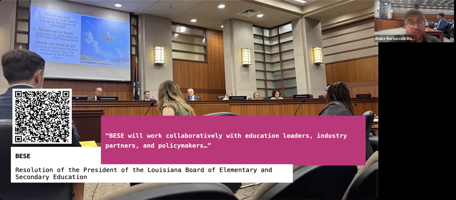And just today, Ronnie Morris, who's the president of the BESE, which is the Board of Education in Louisiana, put together a resolution that, if it's adopted and works its way through the Board of Education, would really position Louisiana as the most innovative, ambitious state in the nation around AI and education.